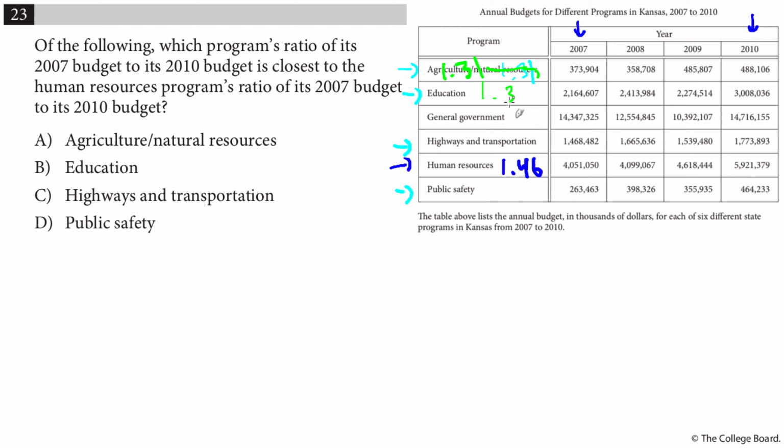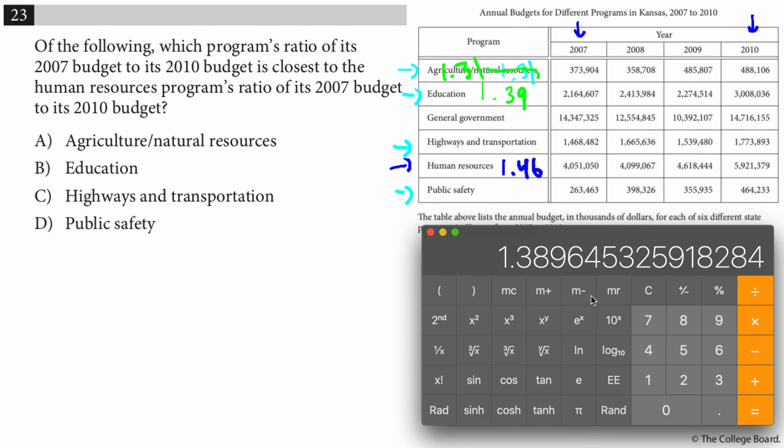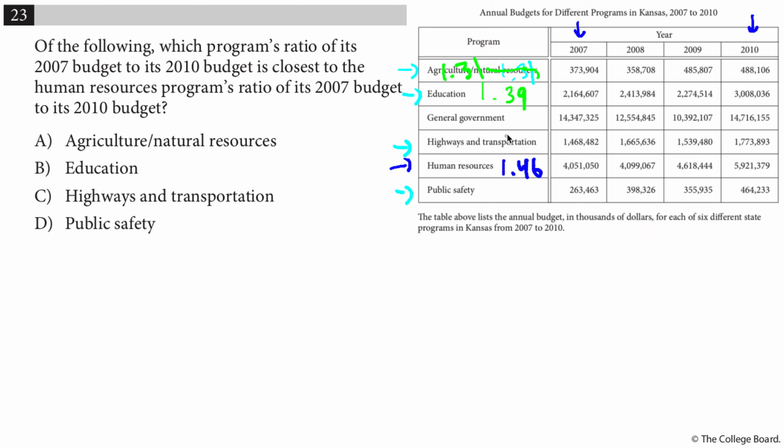Okay, so closer. Let's keep going. So I have 1,773,893 divided by 1,468,482, and I get 1.21. Okay, one more to check.